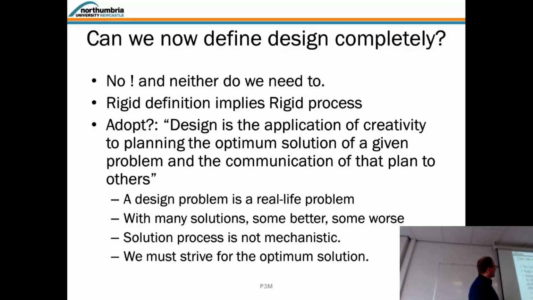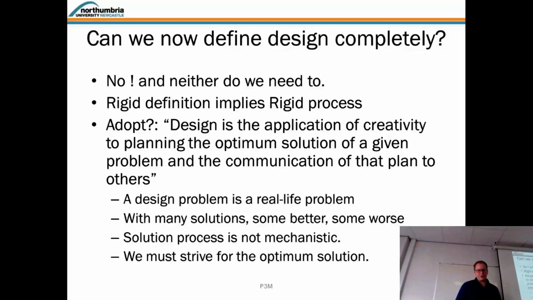This was really the intent, of course. So no, and neither do we need to, because rigid definition implies rigid process, and we want, of course, one that is flexible enough so that you can embrace the right principles for your project. So design is an application of creativity to planning the optimum solution of a given problem and the communication of that plan to others.